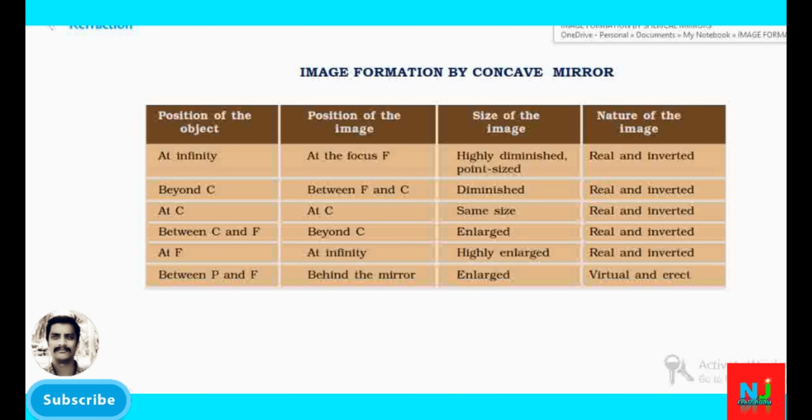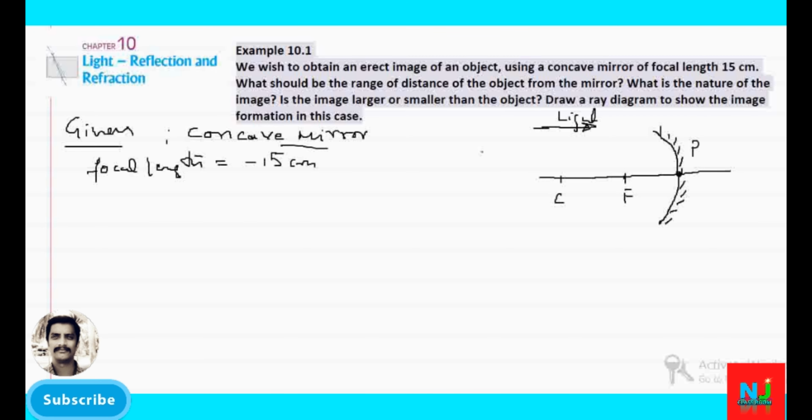Between pole and focus, we have to keep the object. First I am going to draw the diagram clearly. Look here, this is what happens if the object is kept between pole and focus.